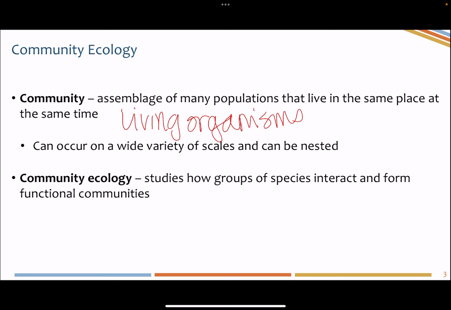Once we define our community for our study, then we can start thinking about the ecology that happens there, or the interactions and functions amongst those different living organisms in that community. So when we're doing community ecology, we're really studying how those organisms interact in the community, and how they function.